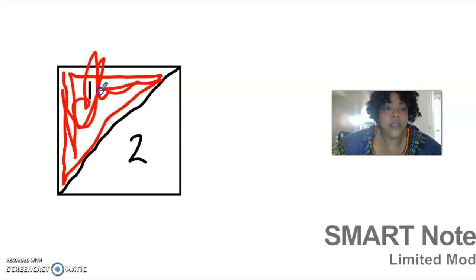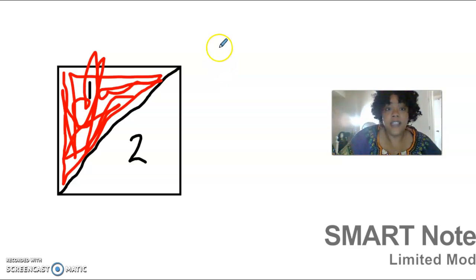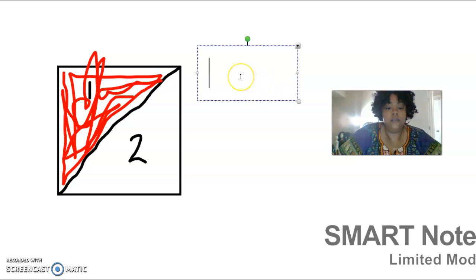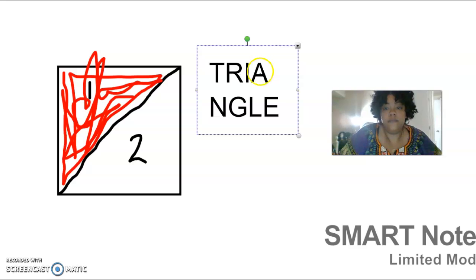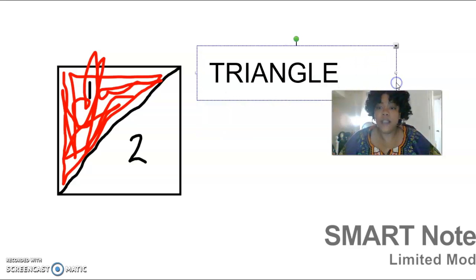Boom, bam, a little messy, but I think you get it. Okay, so if I'm looking at the part that I shaded in, or even the part that I didn't shade in, what shape do you notice? I hope you said that you noticed that is a triangle, right?